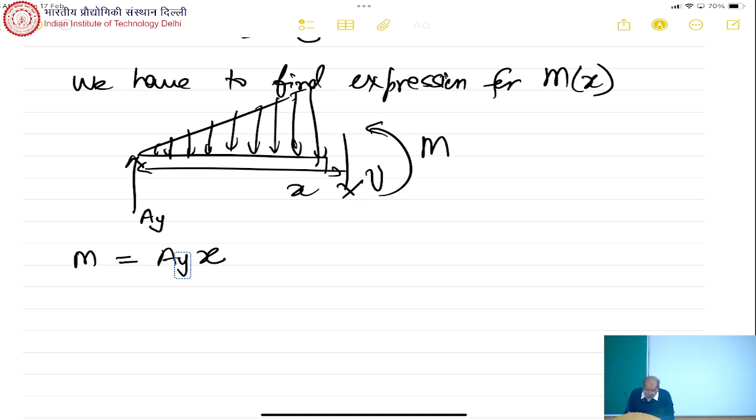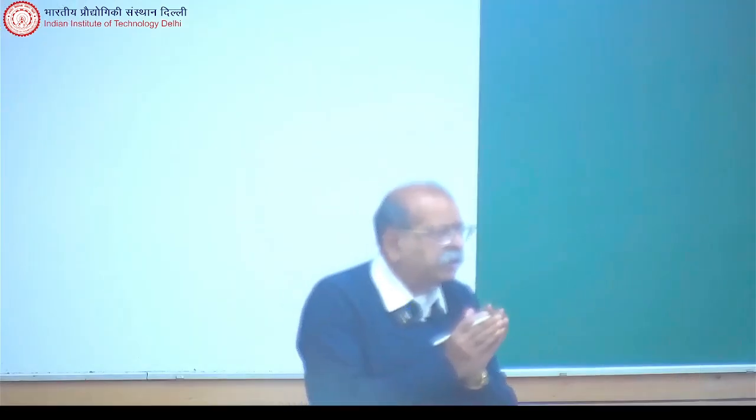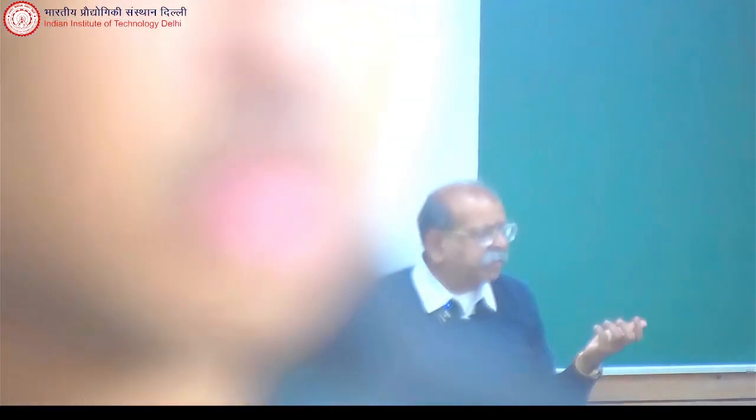Now, what is the maximum value here? This will be W0 times x by L. That is what this is. Now this is minus, so there's a minus sign. First let's write how much is the area under this curve: W0 x by L times x divided by 2.